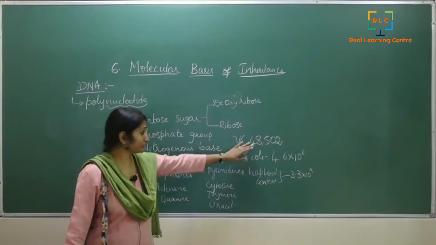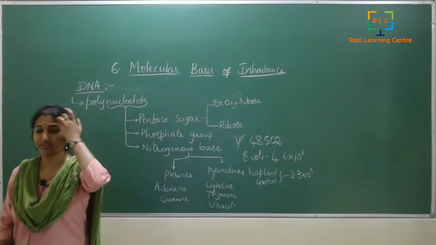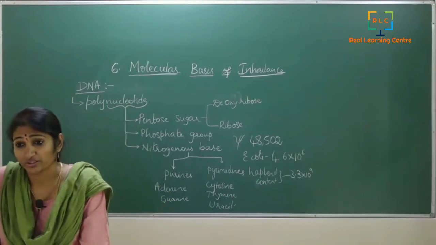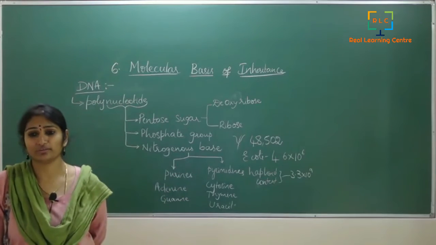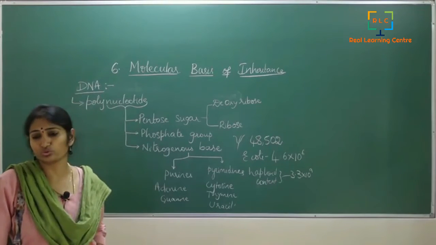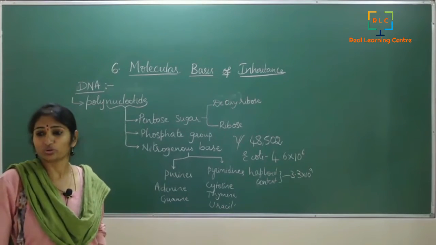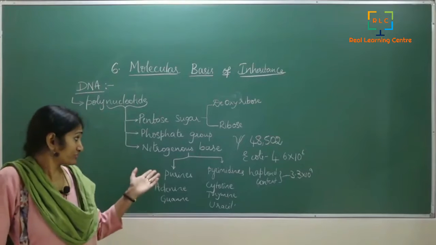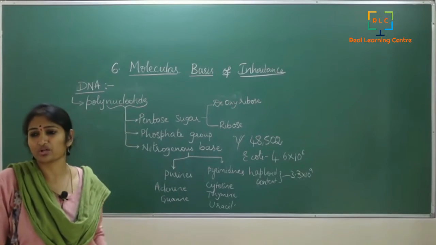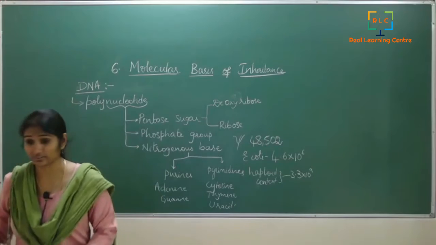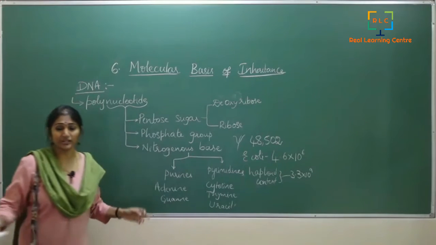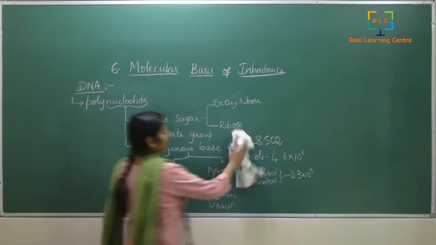In the case of lambda phage, again it would be kind of circular. Whereas in the case of humans, you see that they are all divided into chromosomes. So the whole content of DNA would be somewhere around 3.3 into 10 to the power of 9 base pairs. So in a diploid condition, you can do the calculations there, right? So this is how our DNA is.